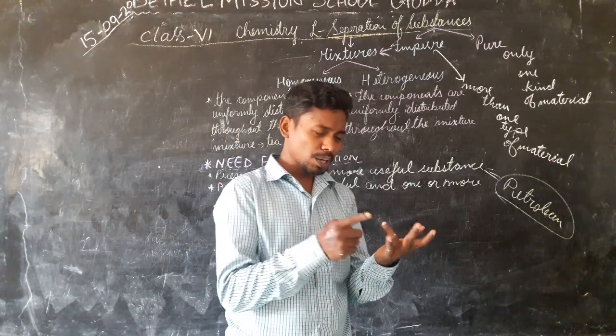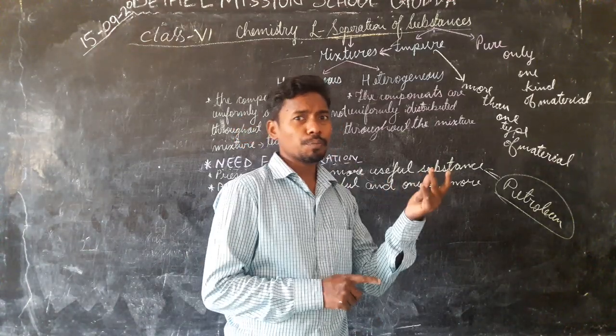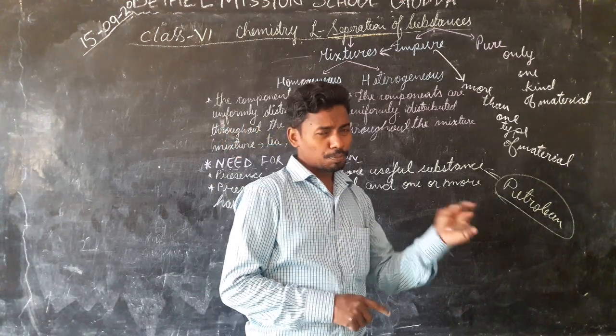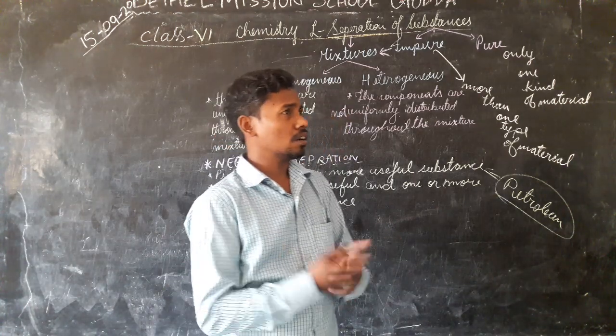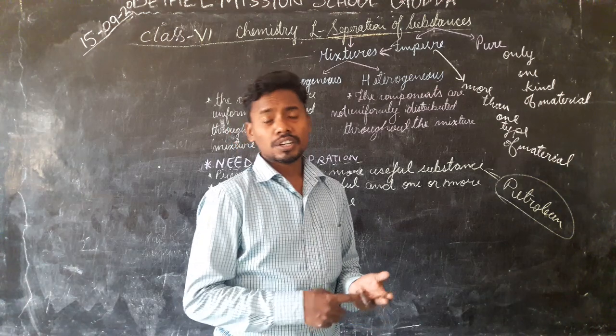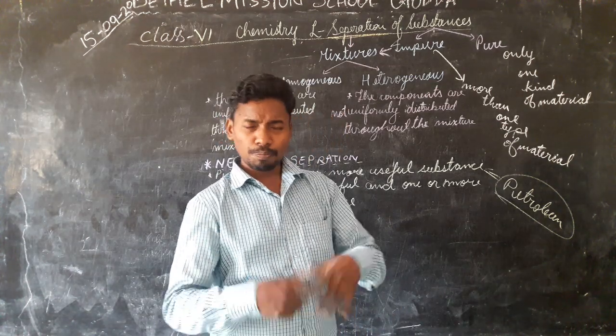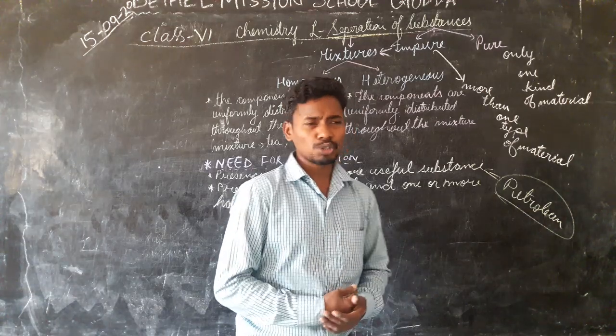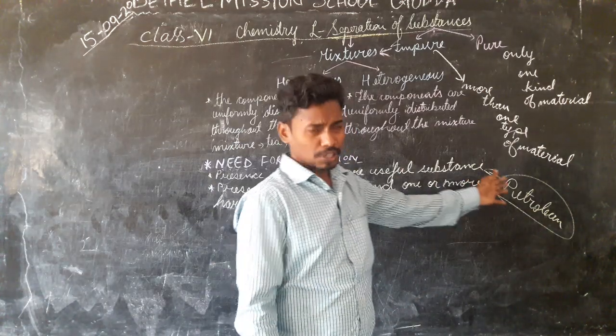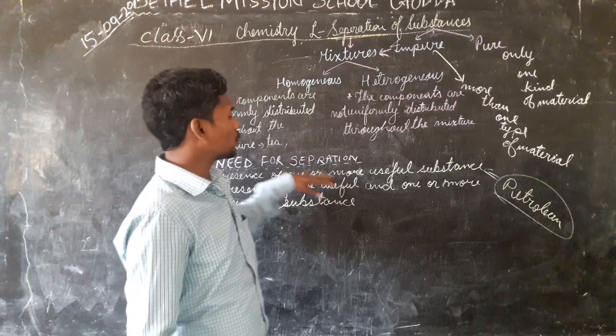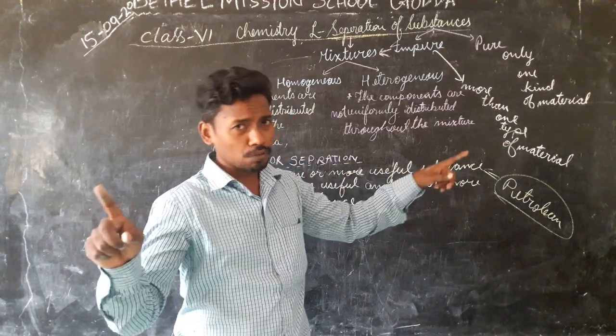For example, if we want LPG, we need to separate LPG from petroleum. Then we need petrol, diesel, kerosene, asphalt, bitumen. There are so many varieties of things which we get, and all are useful substances. So sometimes more than one useful substance is present and we need to separate all of them.